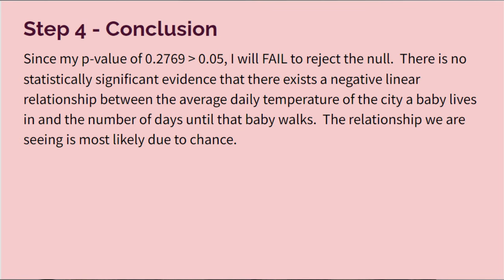Again, we kind of knew that from the very beginning when we looked at our scatter plot and saw, well, it's not really the strongest relationship, but this significance test confirms that yes, we did see a negative relationship in our data, but that doesn't necessarily mean there's a negative relationship in the population. And when we fail to reject the null, we're basically saying that we do not have any significant evidence to officially say that as the temperature goes up, babies will learn to walk faster.